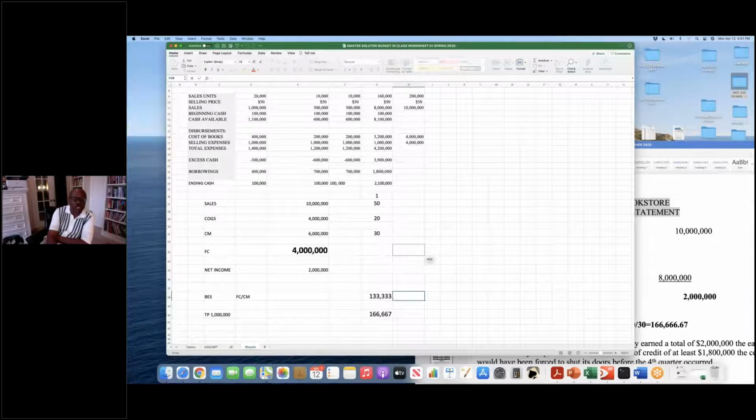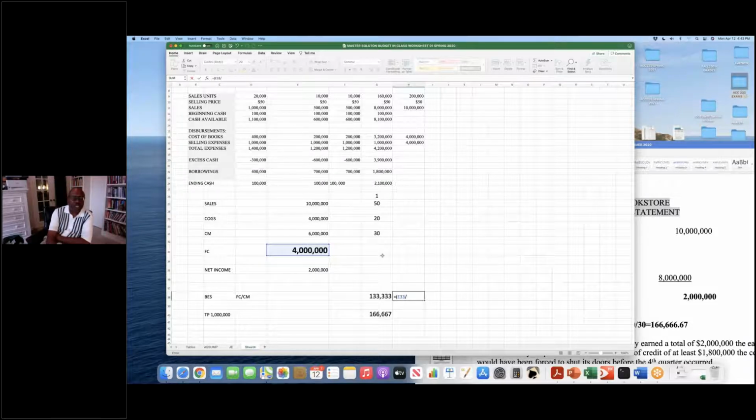So let's come over here, which is what you're supposed to be doing these days, on Excel. Let's see if we can write a formula for this right next to it. Equals what? Parentheses, and we're going to click on fixed cost. Then we're going to have a slash, right?